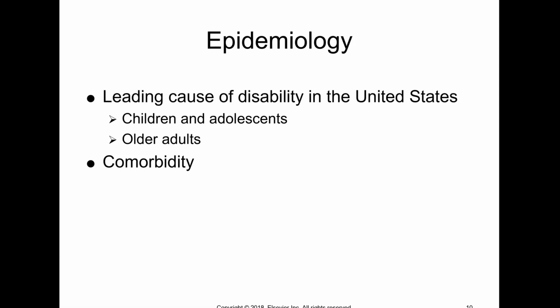Oftentimes it may manifest as irritability and crying. It may manifest as somnolence. So it's important to remember that in children and adolescents it often shows as withdrawal, irritability, not wanting to be with peers, loss of interest. They get anhedonia just like adults do.